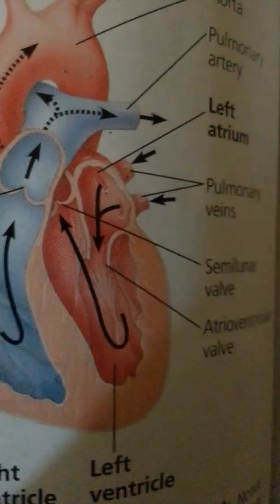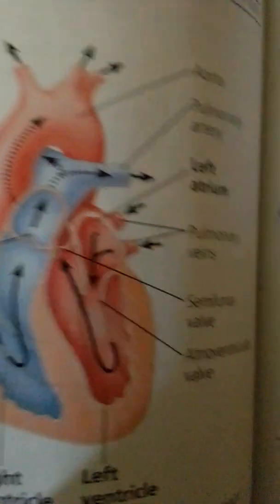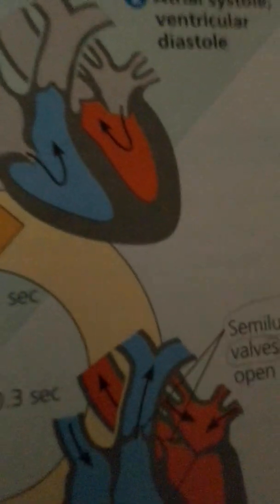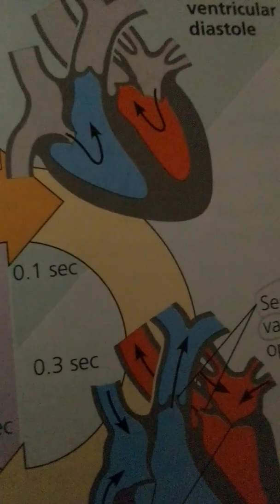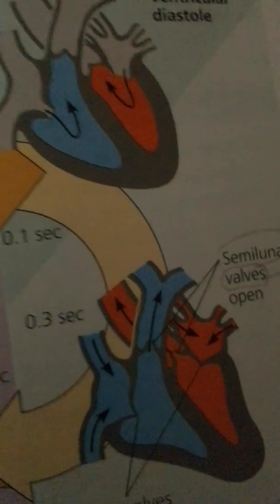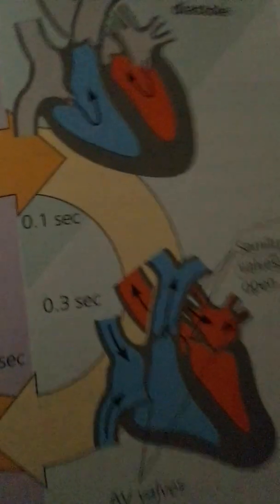The volume of blood per minute that the left ventricle pumps into the systemic circuit is called cardiac output. Cardiac output depends on two factors, as shown in this figure: the rate of contraction, or heart rate, the number of beats per minute, and stroke volume, the amount of blood pumped by the left ventricle in each contraction.